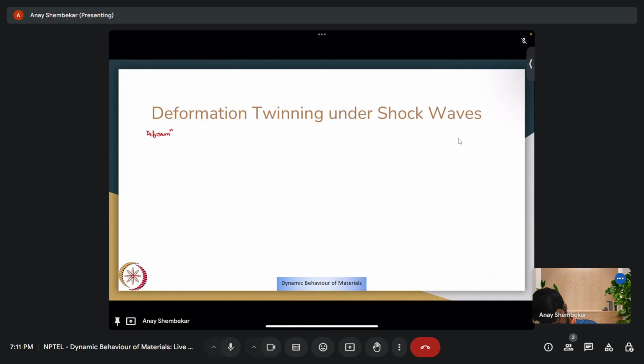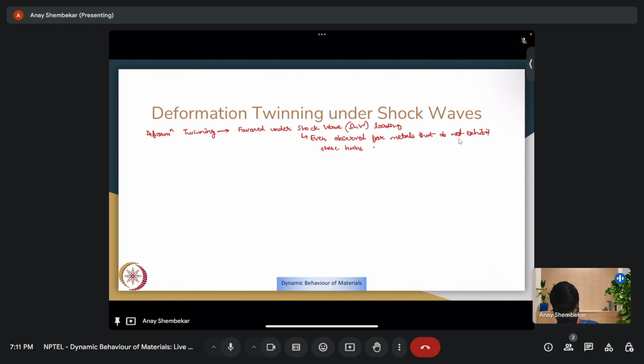Deformation twinning seems to be favored under shockwave loading, shockwave I write in short as SHW loading, and is even observed for metals that do not exhibit these twins by conventional loading at ambient temperature.